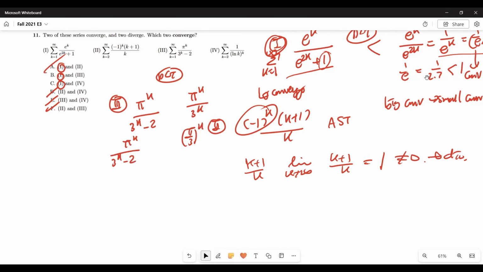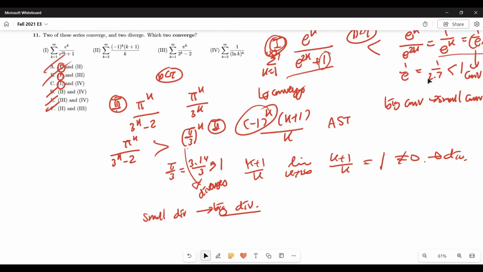Since the numbers are subtracting, this term is bigger, and also pi over 3 is 3.14 divided by 3, which is bigger than 1, right? So this is not converging but diverging. The smaller one diverges, and the bigger one also will be diverging. So by the direct comparison test, this 3 is not right. So we know for sure C is going to be the right answer.